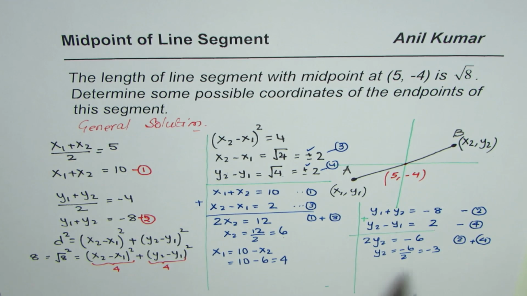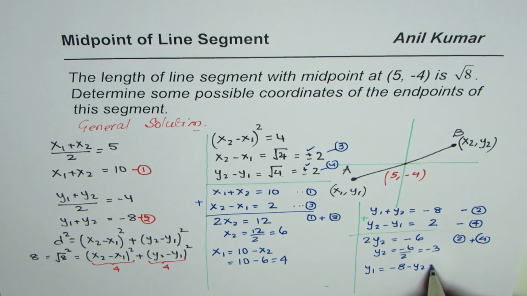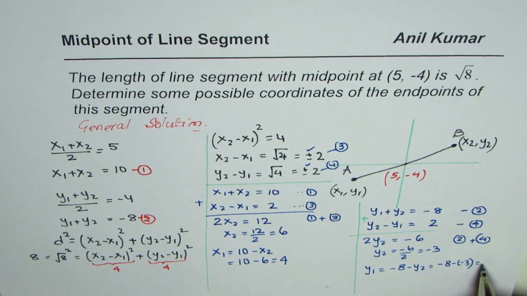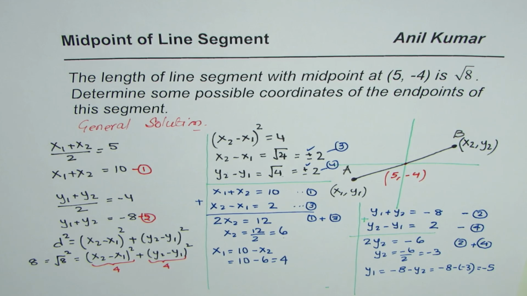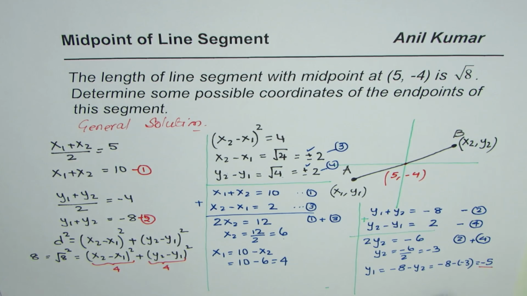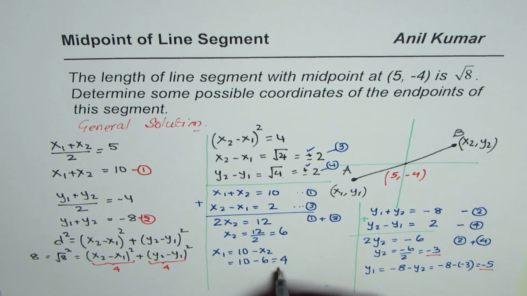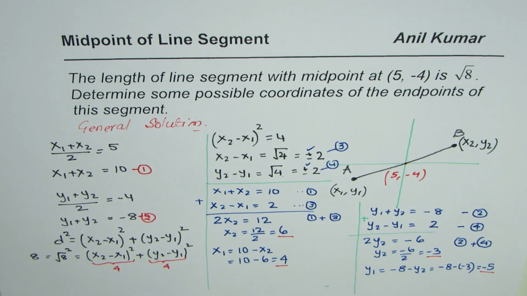So we get y2. You can find y1 using one of these equations. y1 is equal to minus 8 minus y2, which is minus 8 minus minus 3, so which is minus 8 plus 3, or minus 5, right? So we have these values with us. Now once we have the values, we can write down the answer.